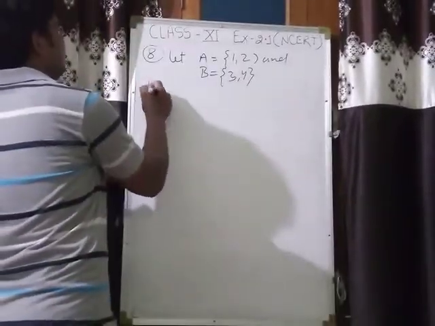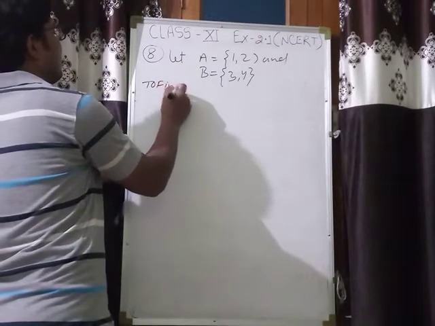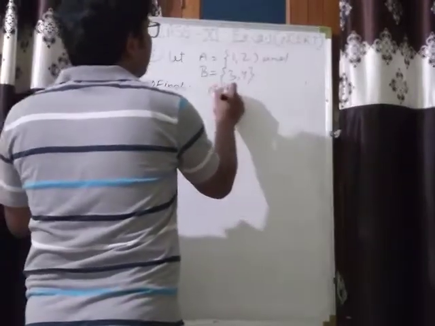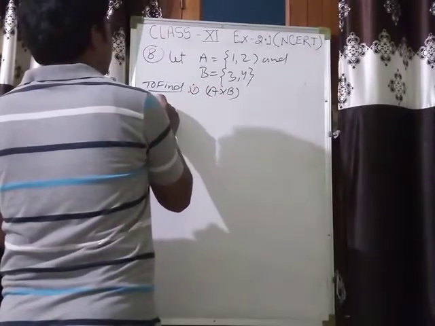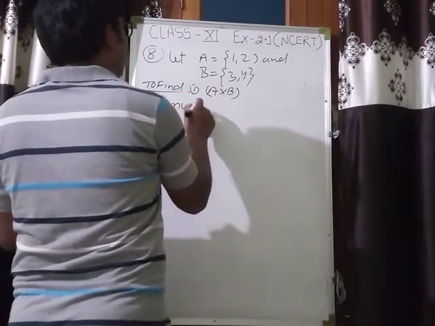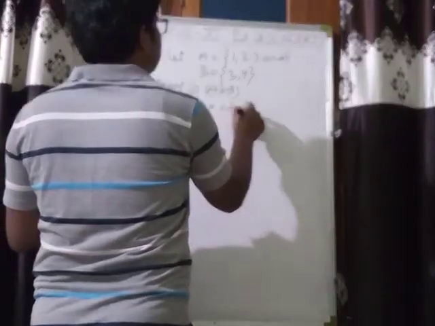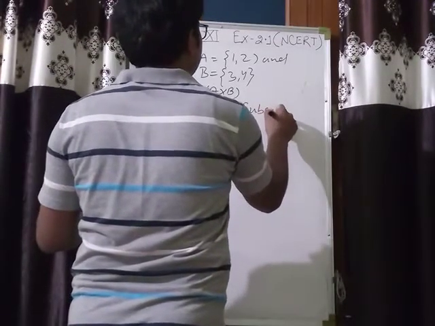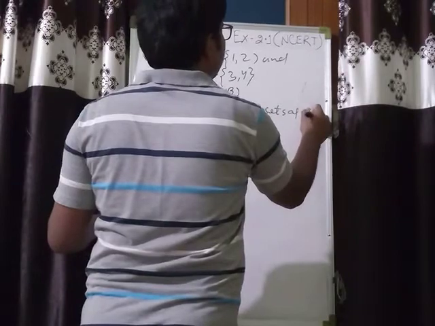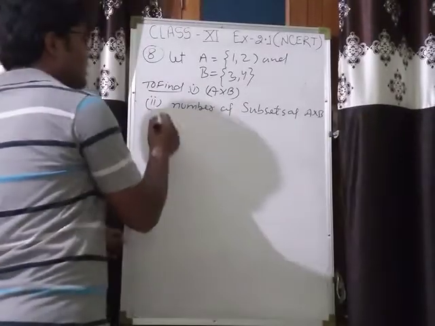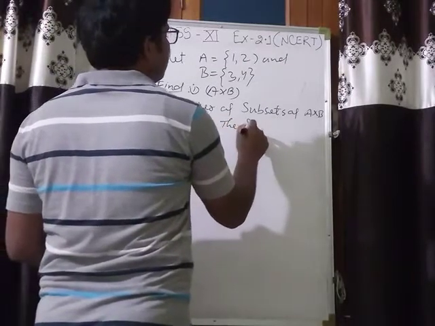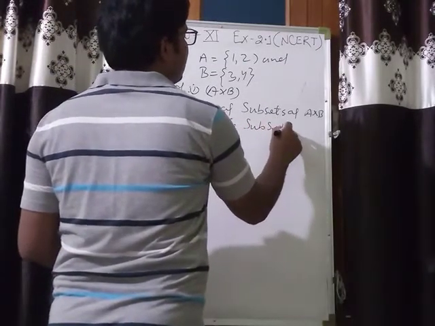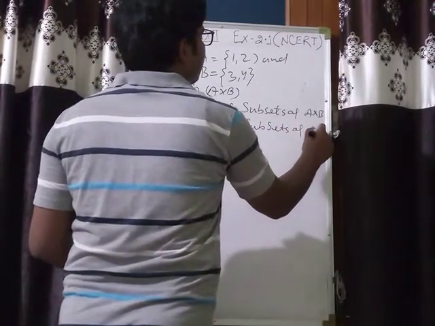So first, find A cross B, and second, the number of subsets of A Cartesian product B, and list the subsets of A Cartesian product B.